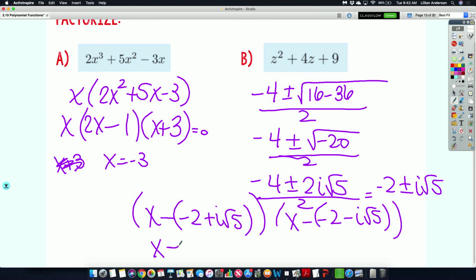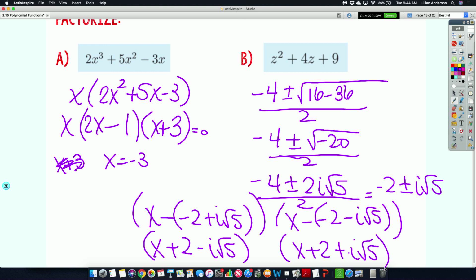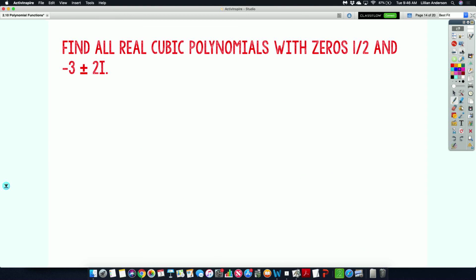So that would be x plus 2 minus i square root of 5, and x plus 2 plus i square root of 5. There you go. Questions? So keep it moving. Okay?